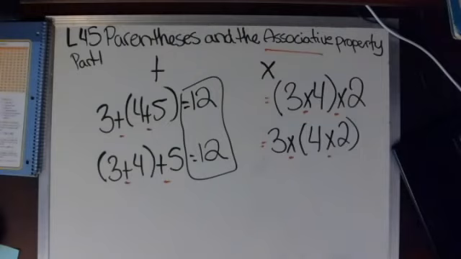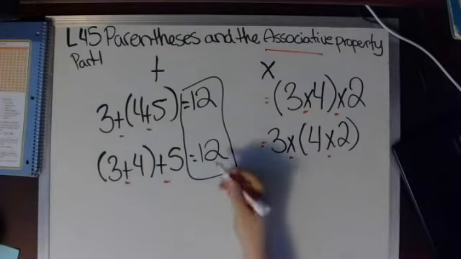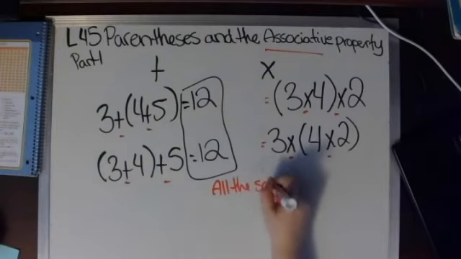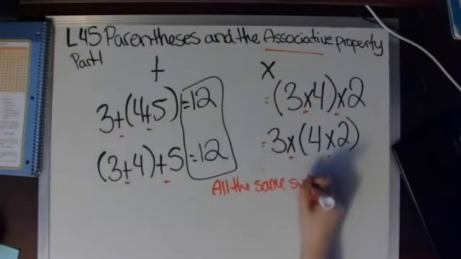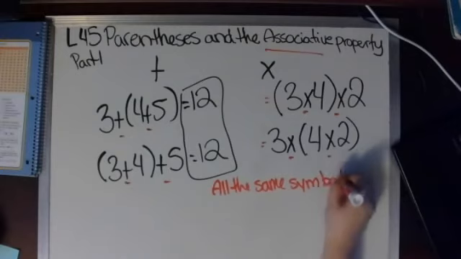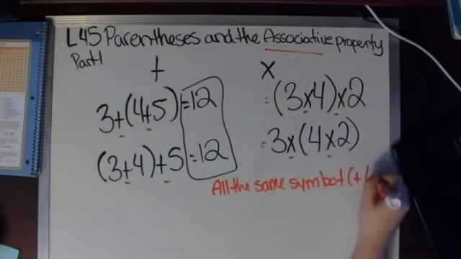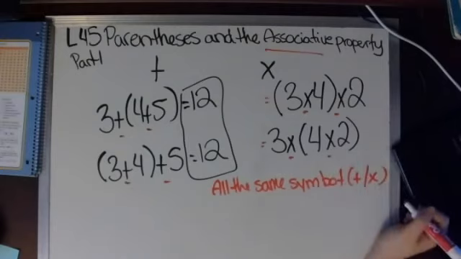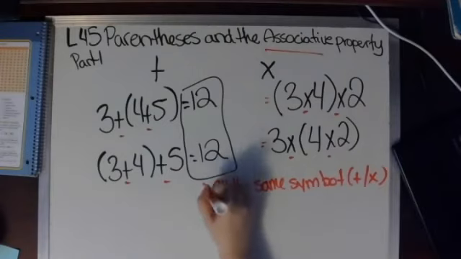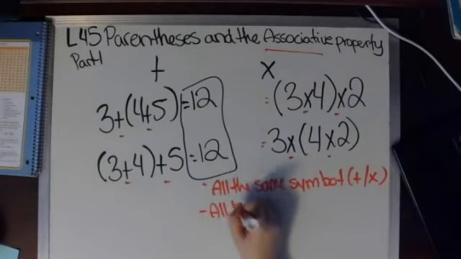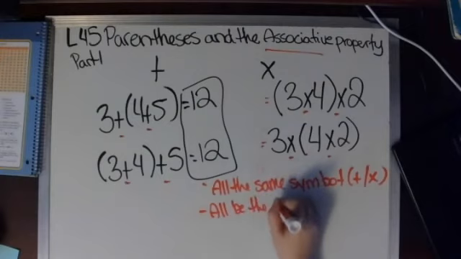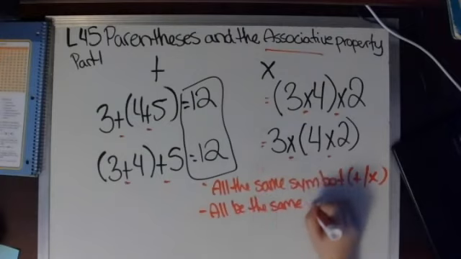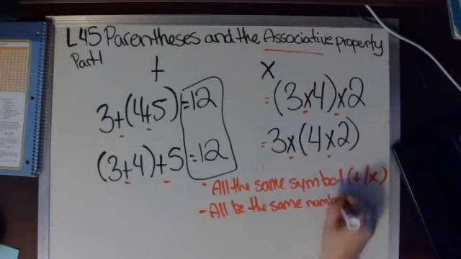And again, the associative property only works for addition and multiplication. Two things must be met for it to work. It must be all the same symbol, either addition or multiplication, and they must all be the same numbers in both.